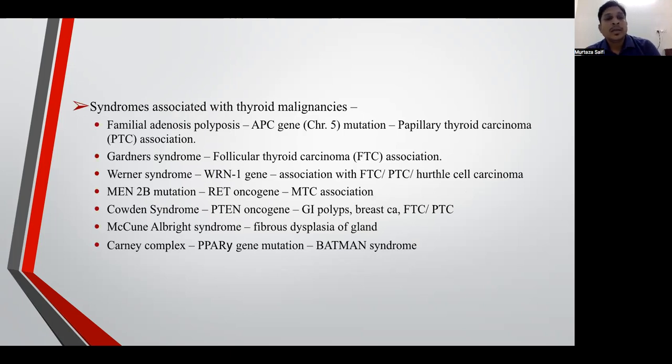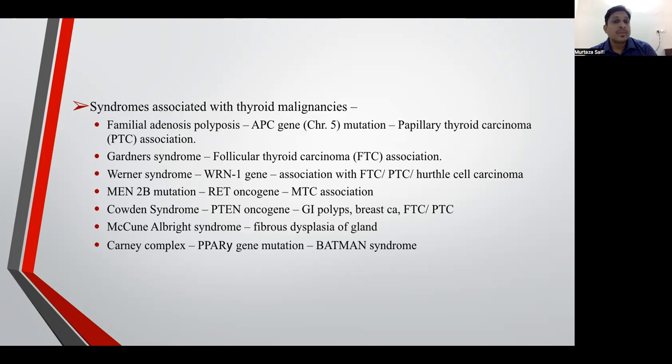Now there are some syndromes associated with thyroid malignancies. We can discuss it in short. Familial adenomatous polyposis, associated gene APC, then APC gene mutation, papillary thyroid carcinoma. Then Gardner syndrome associated with follicular thyroid carcinoma.